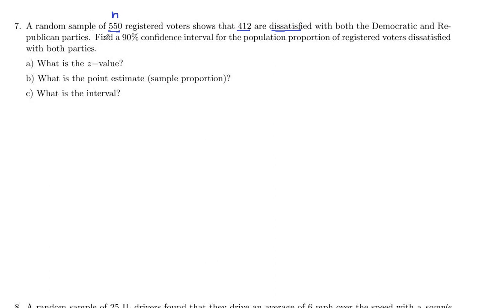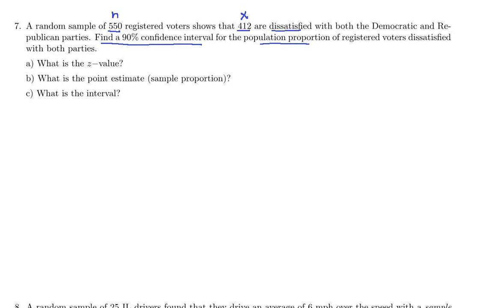So this is going to be a proportion, 412 out of 550. So this is our X value. That's successes. So success, quote unquote, is that they're dissatisfied with both parties. Find a 90% confidence interval for the proportion of registered voters dissatisfied with both parties. So first, what's the z-value? What's the point estimate? And then what's the interval?